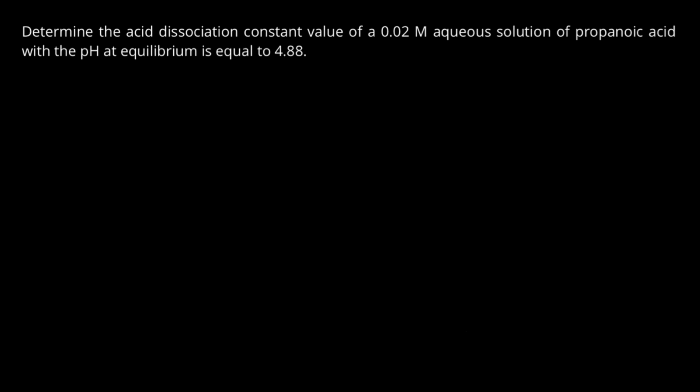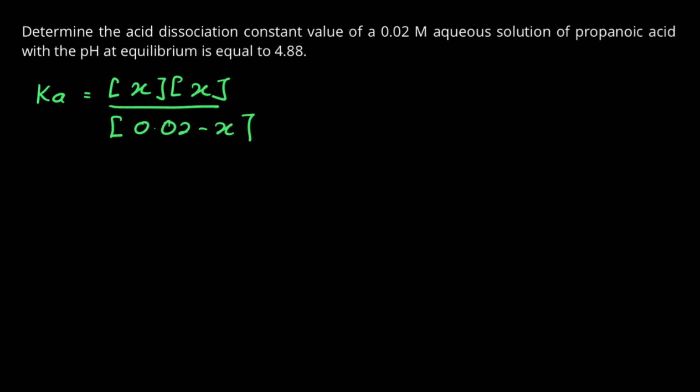Alright, so in saying that, we can calculate the Ka, which is equivalent to whatever is in the product, so in the product we only have X and X, divided by whatever is in the reactant, so it should be 0.02 minus X. Given the calculation before this, your X should be equivalent to 1.3183 times 10 to the power of negative 5.